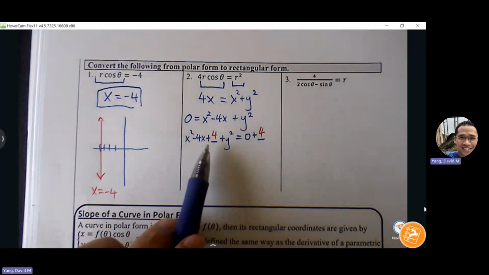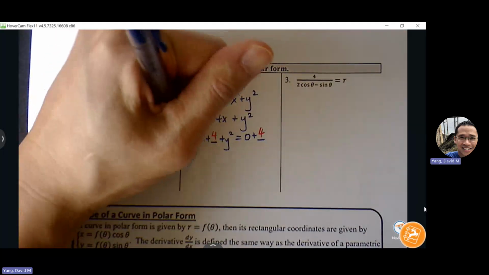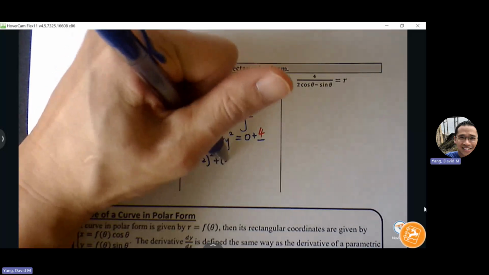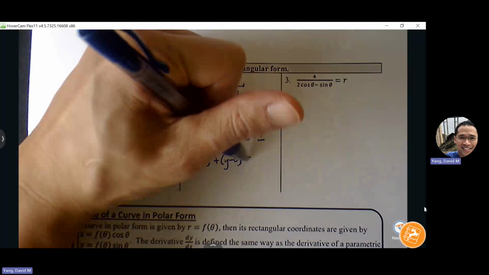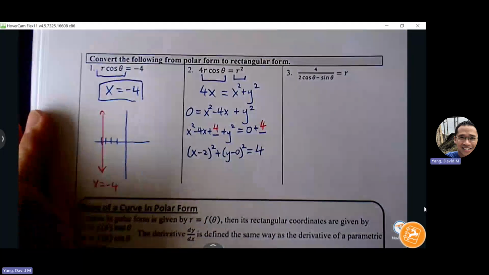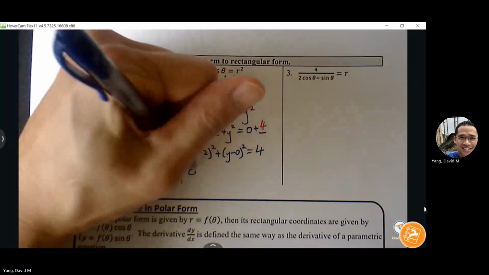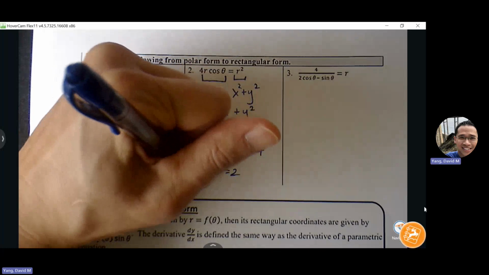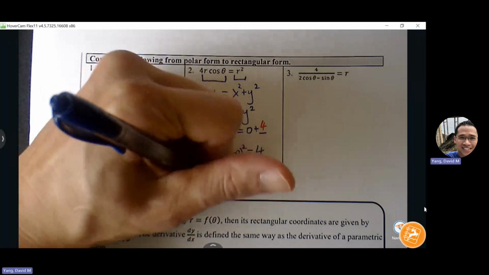Factor x squared minus 4x plus 4 becomes x minus 2 squared. The y is just by itself. I can make it y minus 0 squared. So what I have is a circle with a radius of 2 and a center at (2, 0).